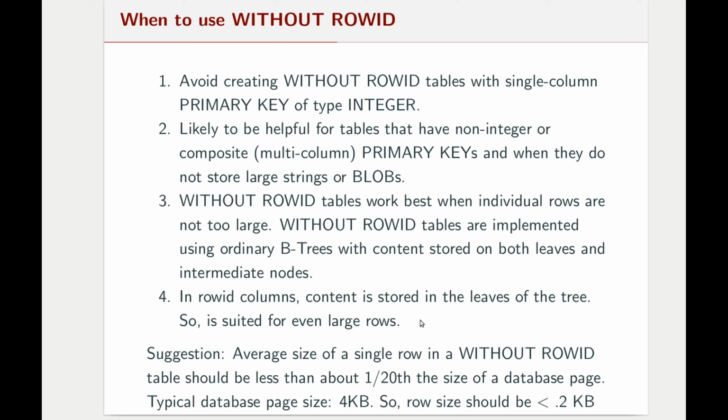There is also one more thing to observe here. In the case of row ID tables, content is stored in just the leaves of the tree, so you can insert arbitrarily large rows. Whereas in the case of without row ID tables, content is stored in both the leaves and intermediate nodes. So this is again something to bear in mind.